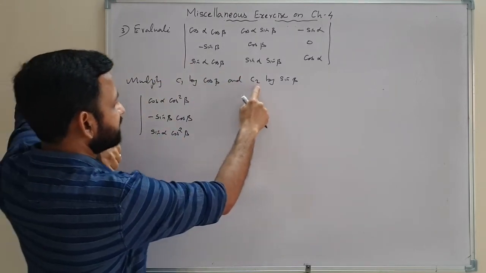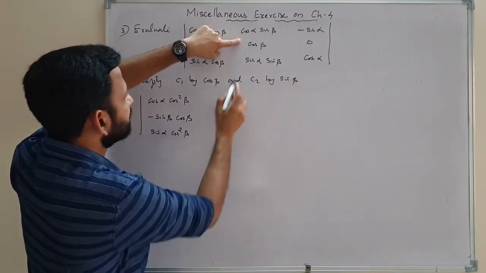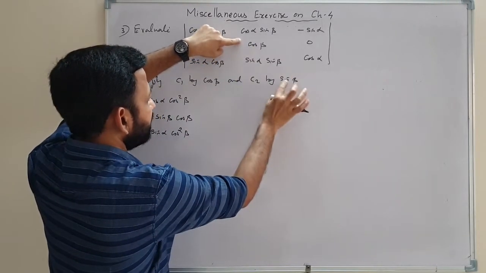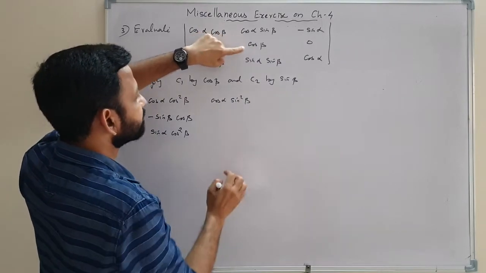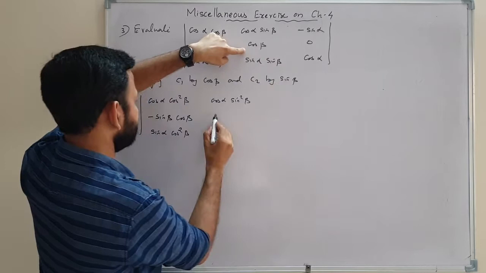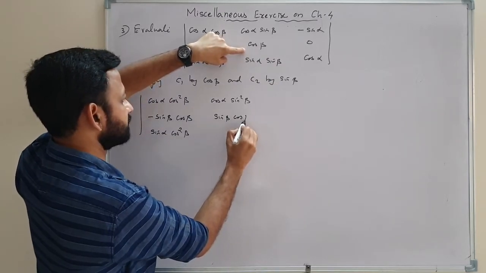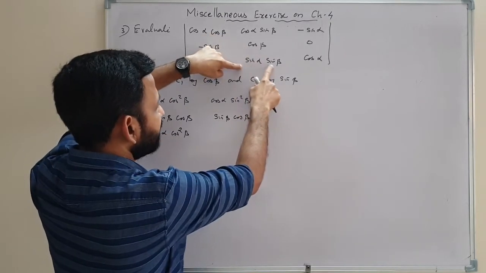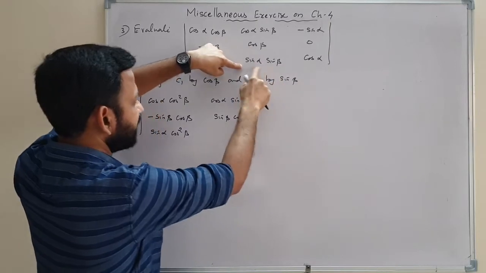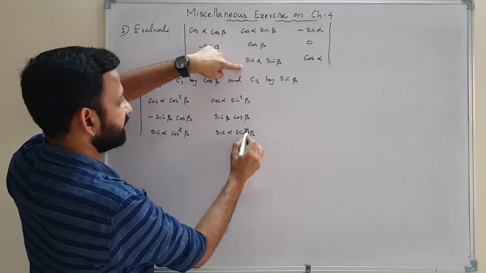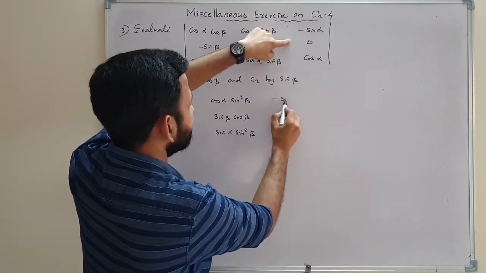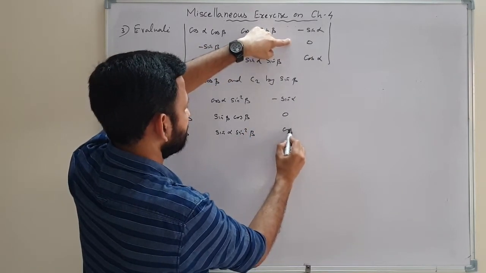Then multiply C2 by sin beta: cos alpha sin beta into sin beta is cos alpha sin square beta, cos beta into sin beta is sin beta cos beta, sin alpha sin beta into sin beta is sin alpha sin square beta, and the last column is minus sin alpha, 0, cos alpha.